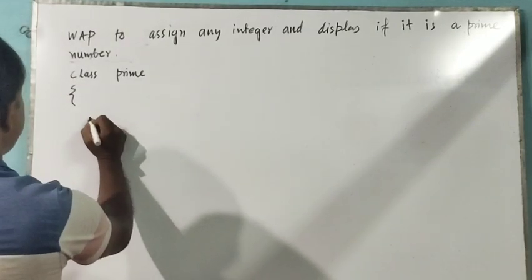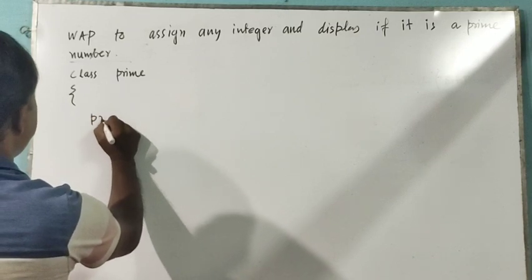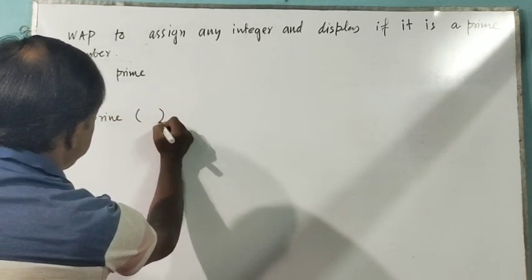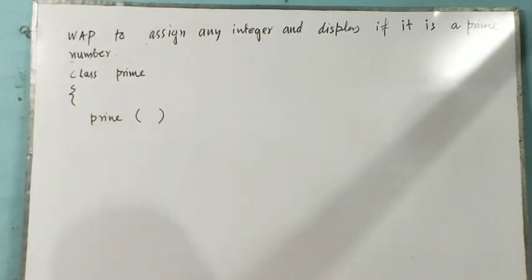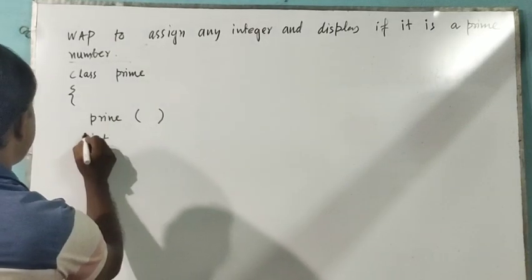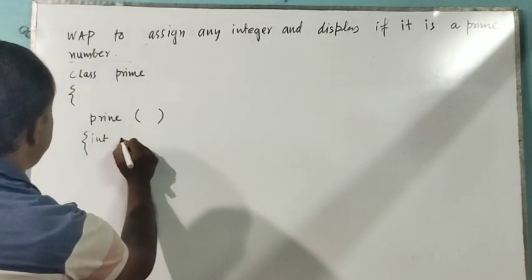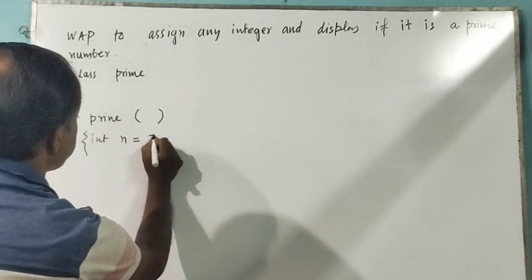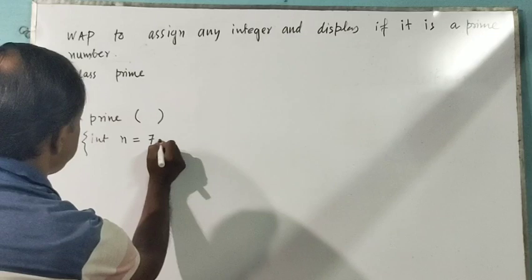We will write the constructor prime with empty brackets. Now I do not have any parameter inside prime. I have one variable, int n equal to, say, 7.